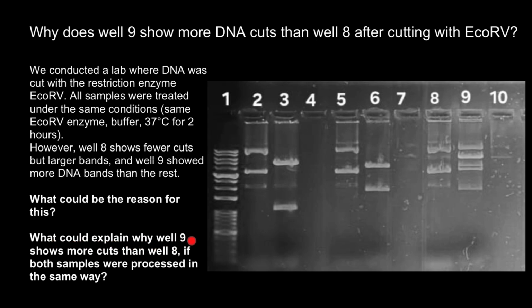What could explain why well 9 shows more cuts than well 8 if both samples were processed in the same way?